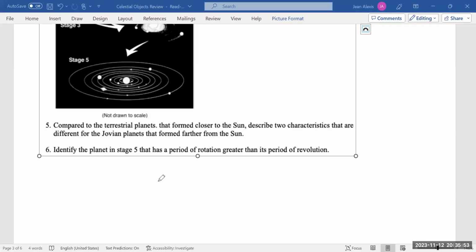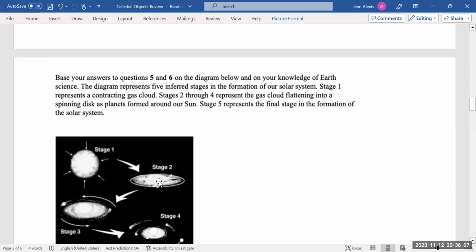All right. Number 6 says, identify the planet in stage 5 that has a period of rotation greater than its period of revolution. Well, when I read the background information, they tell me right here that stage 5 represents the final stage of the formation of the solar system.